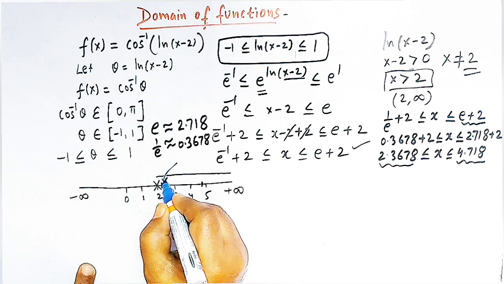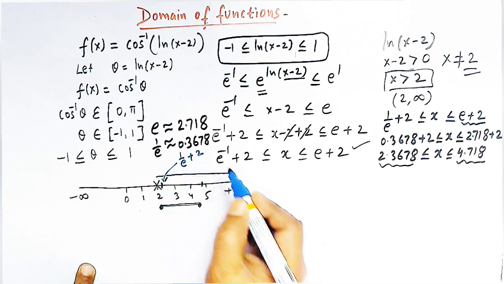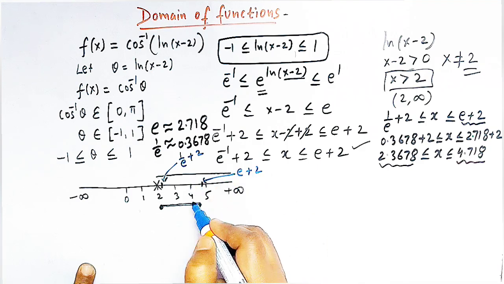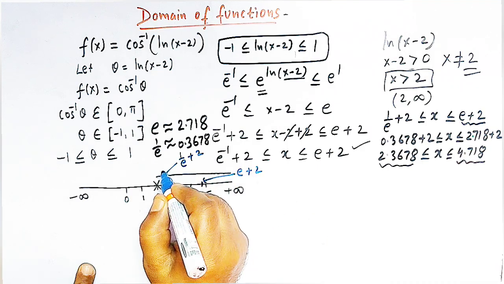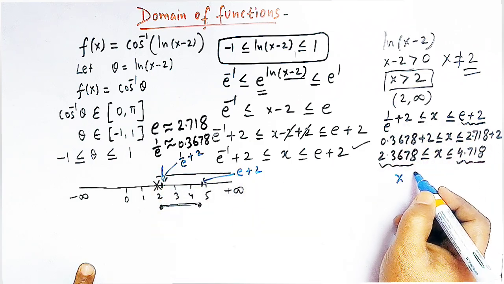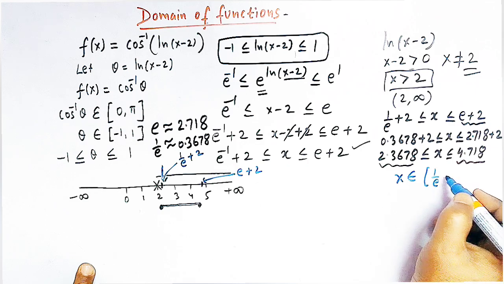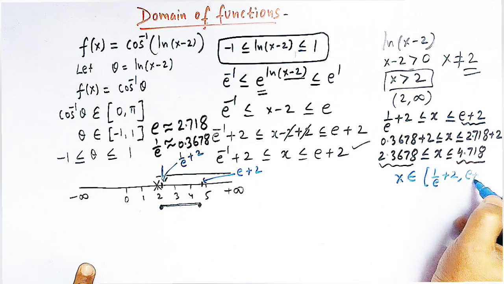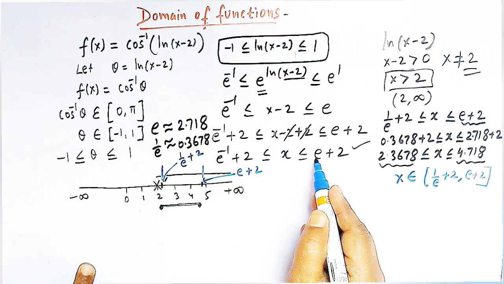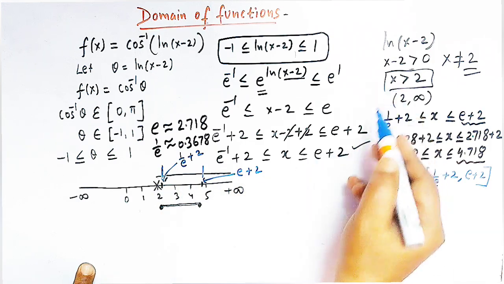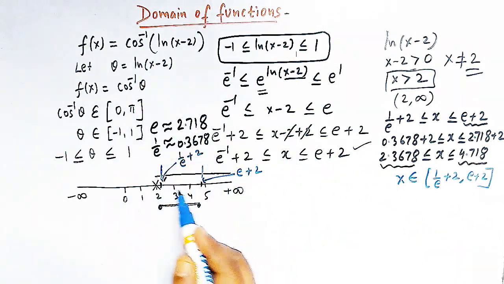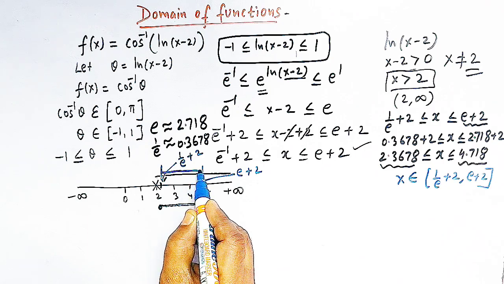So this number is 1 over e plus 2, and this number is e plus 2, and from these two regions we can easily conclude that this interval, x belonging to 1 over e plus 2 to e plus 2, is the region which is common to these two inequalities, right? So the domain of this function is given by this region.